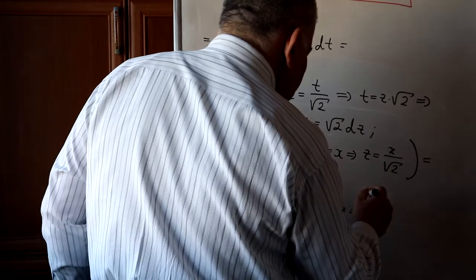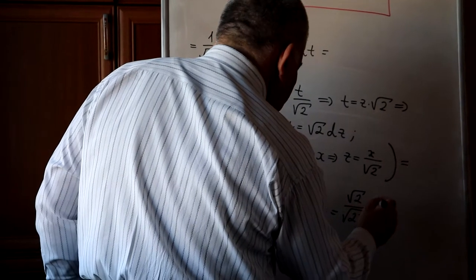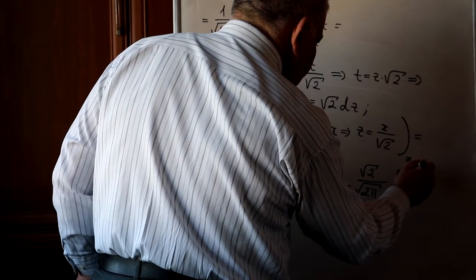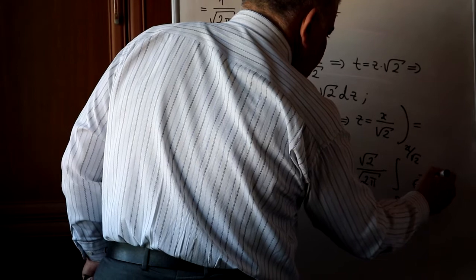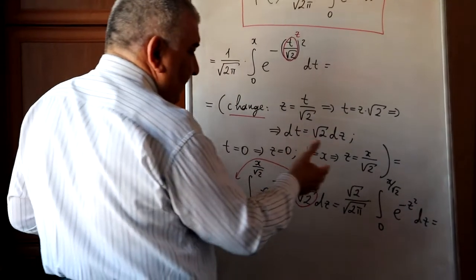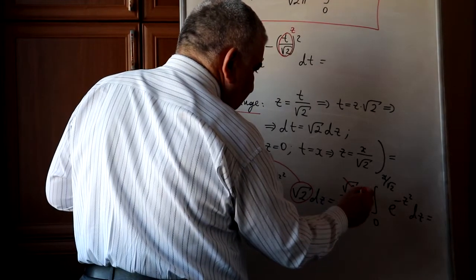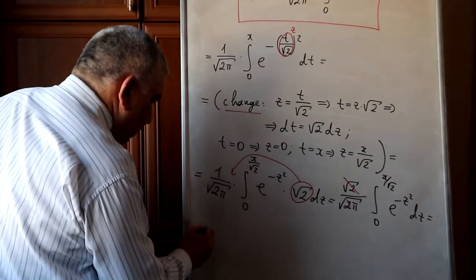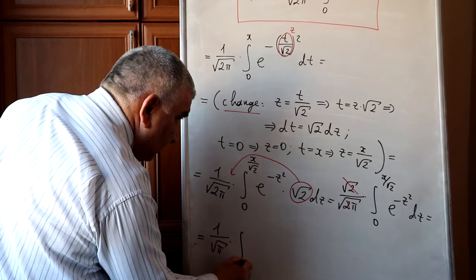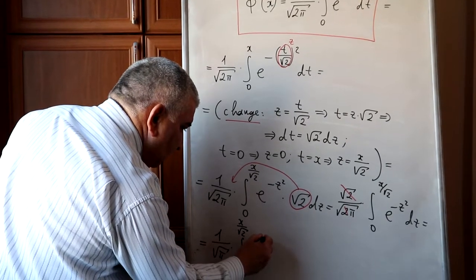Then we will have square root of 2 over square root of 2 pi multiplied by integral from 0 to x over square root of 2 of e to minus z squared dz. Here we can simplify the coefficient by square root of 2. And then we will have only 1 over square root of pi multiplied by integral from 0 to x over square root of 2 of e to minus z squared dz.